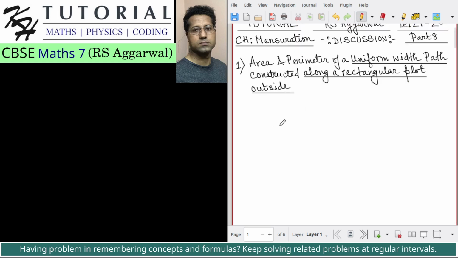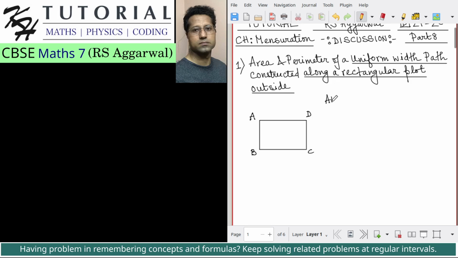So let's say this is the rectangular plot. Let's give it a name: the rectangle, that is the figure of the plot, ABCD.